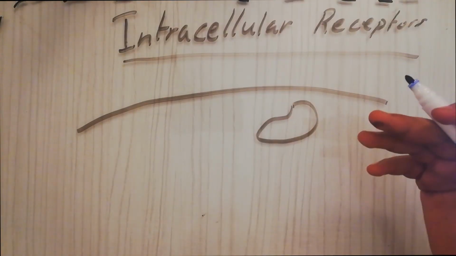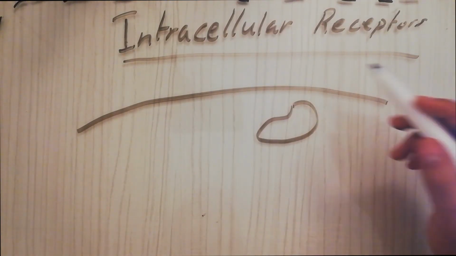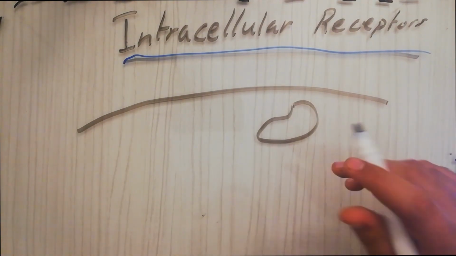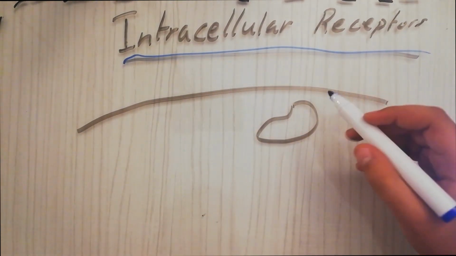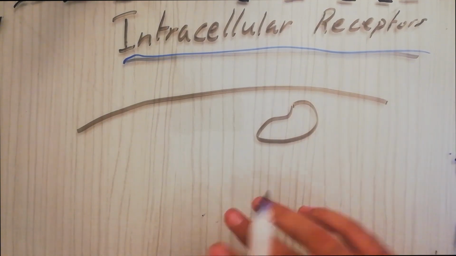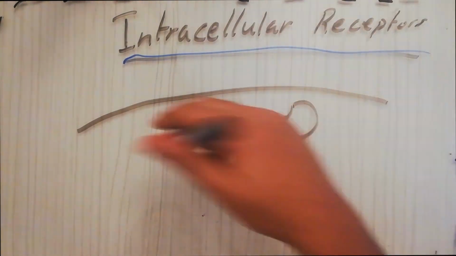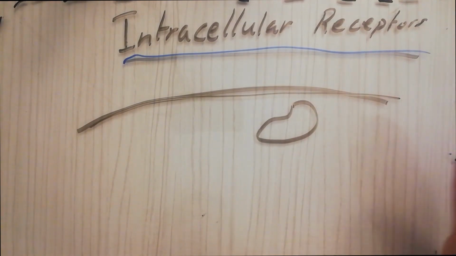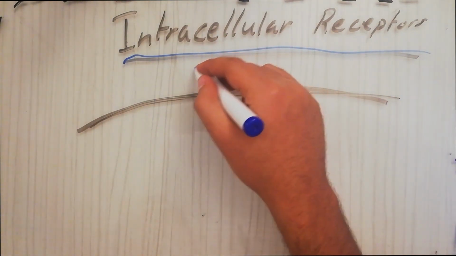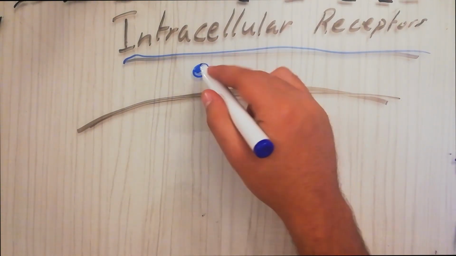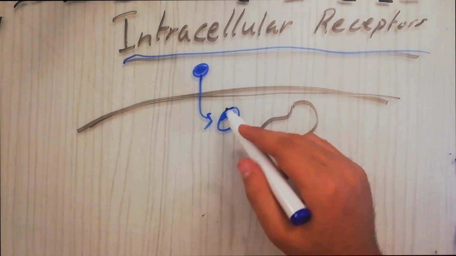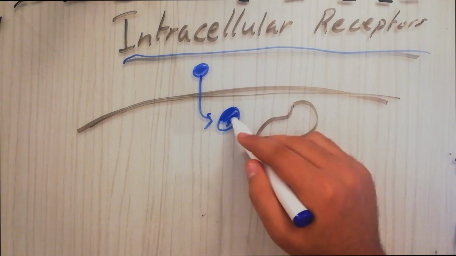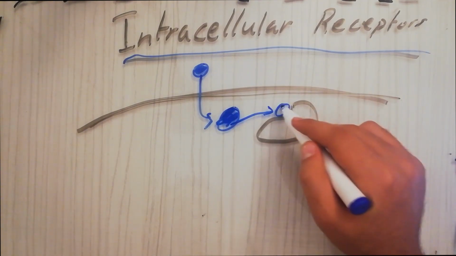The third type of receptor we're going to speak of are intracellular receptors. Intracellular receptors are a bit different from the other types in that they are fully located on the inside of the cell, in the cytoplasm. They require a very lipophilic, lipid-soluble ligand to diffuse into the cytoplasm and bind to this receptor.